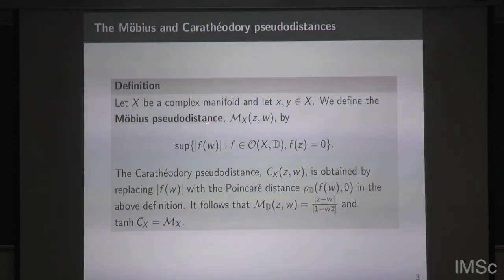The Möbius pseudo distance we denote by m_X and the Carathéodory pseudo distance we denote by c_X. You can check very easily that for the unit disk, as expected, the Möbius pseudo distance is nothing but mod z minus w by 1 minus w z bar, and in general tanh of c_X will be m_X.